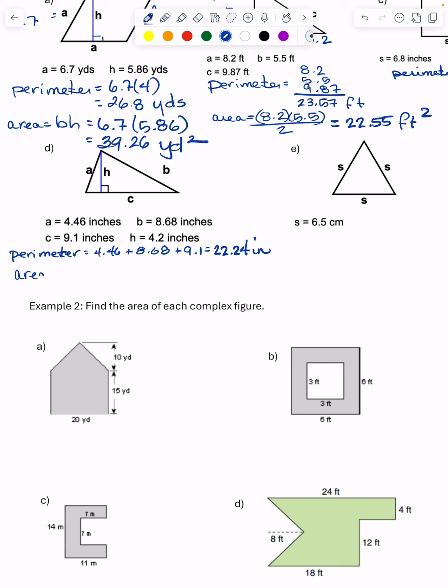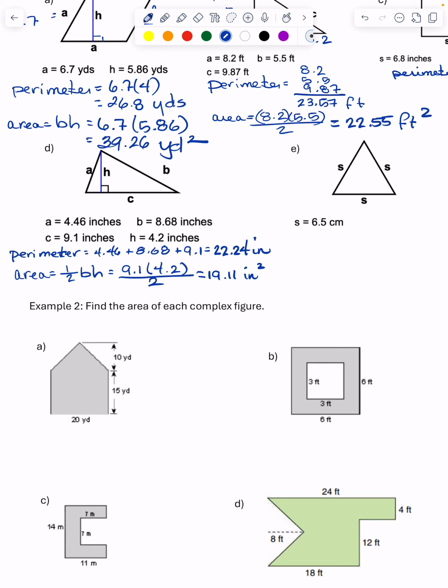To find the area, 1/2 the base times the height. When we say base, we want the side that is perpendicular to the height that we're being given. Base times height divided by 2. So we're going to multiply 9.1 times 4.1, and we're going to divide that by 2, and we get 19.11.